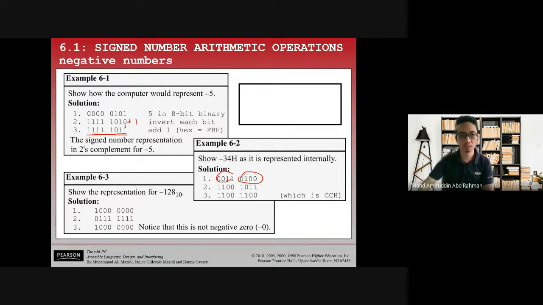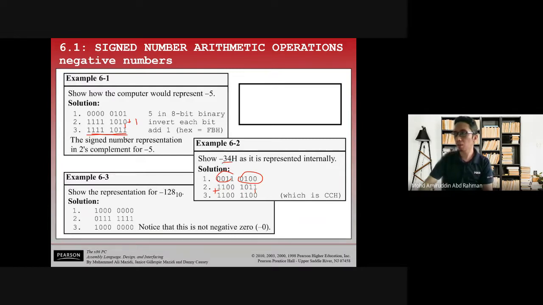We need to invert that and take the 2's complement in order to get the negative number. So we invert that, so 1101 1101. And then you add 1 to that, and it becomes 1101 1110. So this is minus 34.